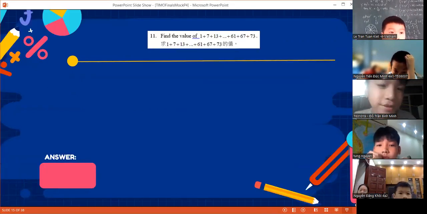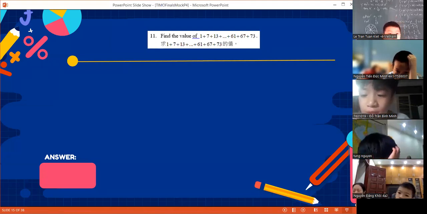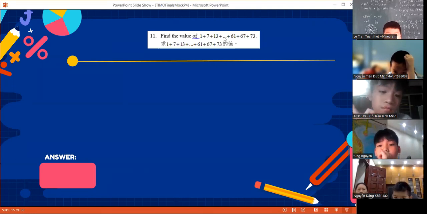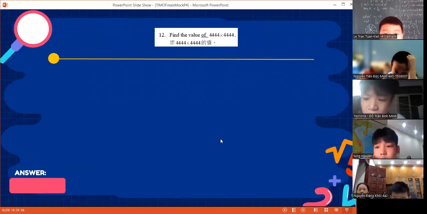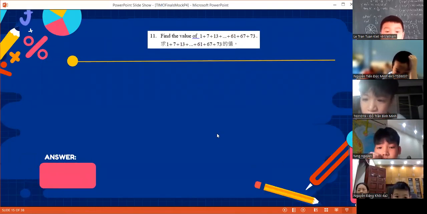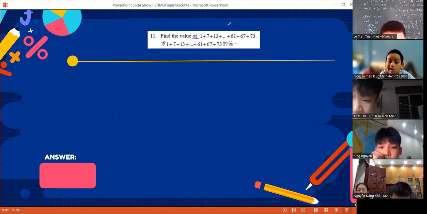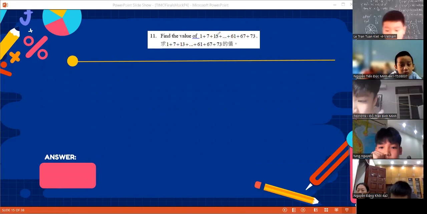Okay. Let's have number 11. This is the example that I gave last time, right? So let's say, for example, there's going to be dot, dot, dot. This is an ellipsis. When you say ellipsis, it means there are numbers in between. It means it's going to continue, like for example, you have here 13.